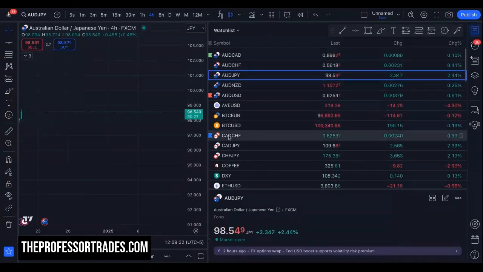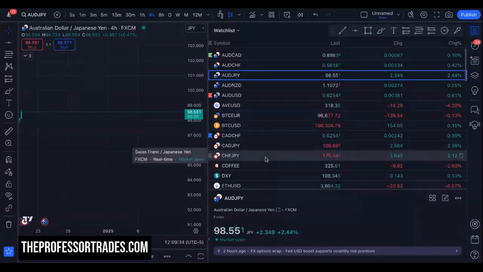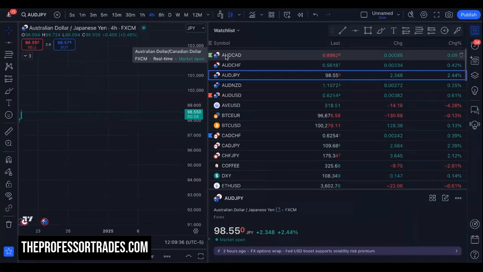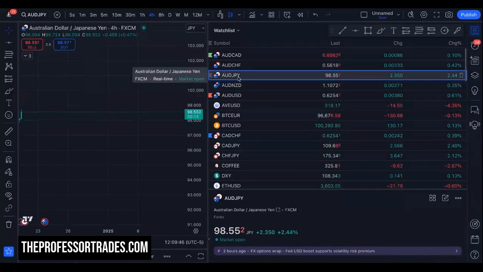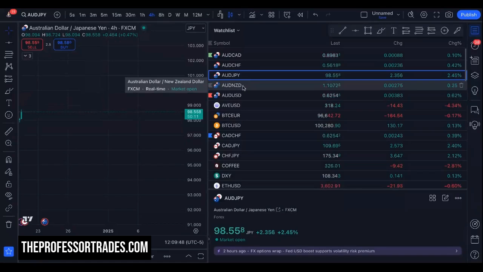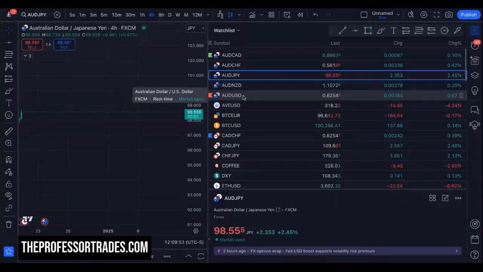So as we go through the list, let's point out the currencies. We have the Australian dollar. We have the Canadian dollar, so that's 2. We have the Swiss franc, that's 3. We have the yen, that's 4. We have the New Zealand kiwi, that's 5. We have the US dollar, that's 6.